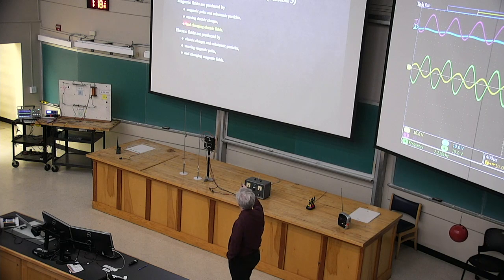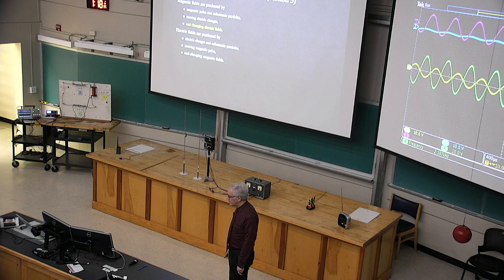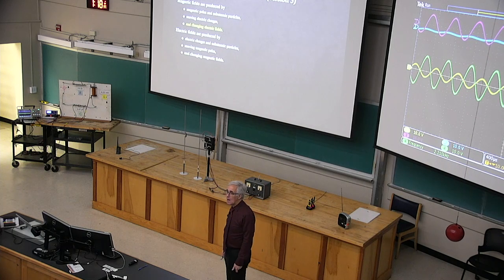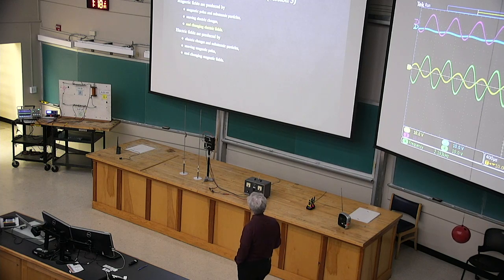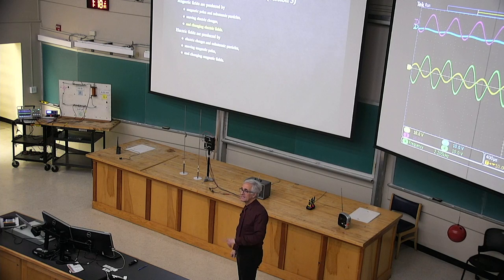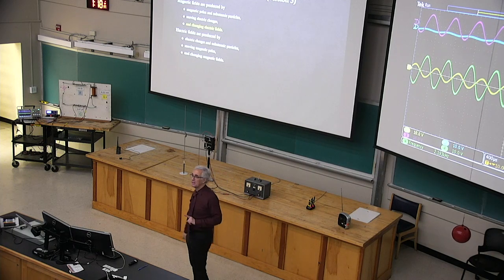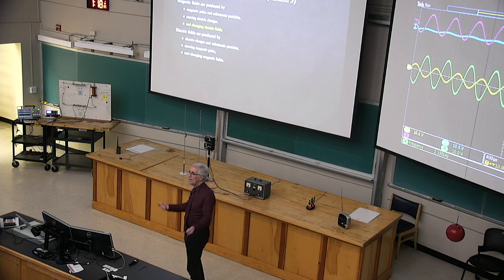And I told you, but I don't know how to show you directly, that changing electric fields are magnetic. This is hard to demonstrate. It was hard to discover. It was, as I think I said, predicted before it was discovered, as far as I know. So the point is that a changing electric field can produce a magnetic field, and a changing magnetic field can produce an electric field, and they can work as a team to create one another.